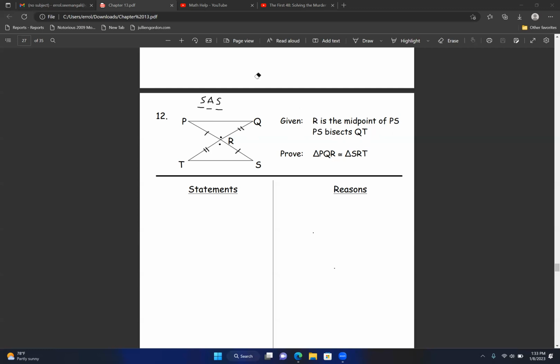All right, number one. What's number one? PR equals SR. What's the reason?